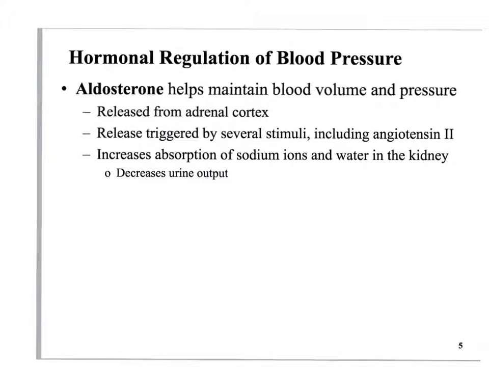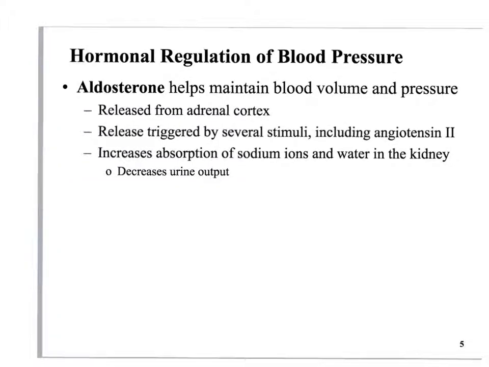All right, and in this case, aldosterone decreases urine output, which will lead to what? Increased what? Increased blood volume. Okay?